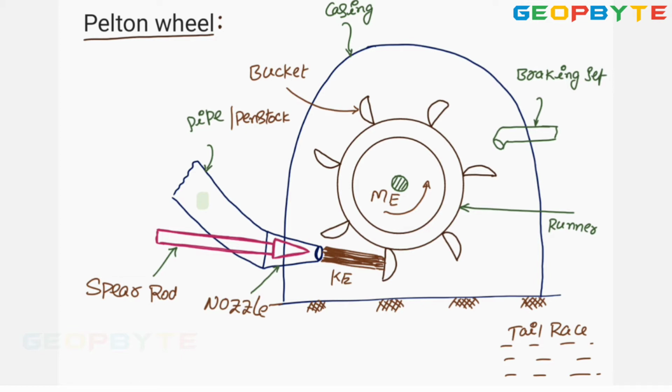Now look at the braking jet. You know, the function of the braking jet is to minimize the unwanted revolutions. Whenever you have a problem with a turbine, you have to stop the water going to the turbine.